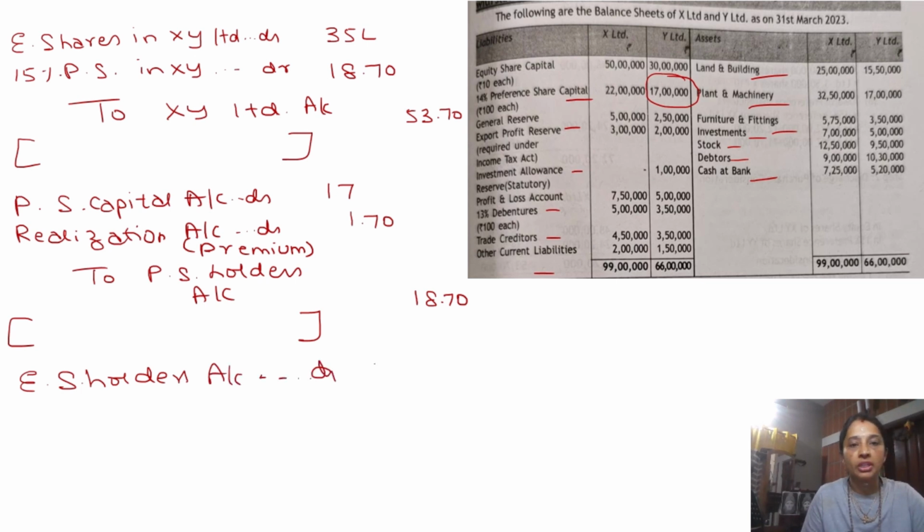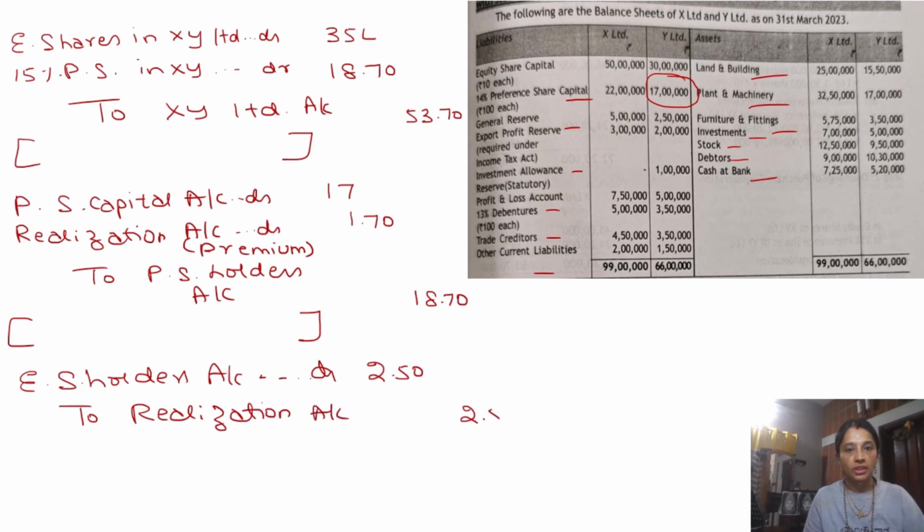Loss amount is coming up to 2,50,000. Equity shareholders account debit 2,50,000 to realization account. So this is the loss on realization transferred to equity shareholders account.